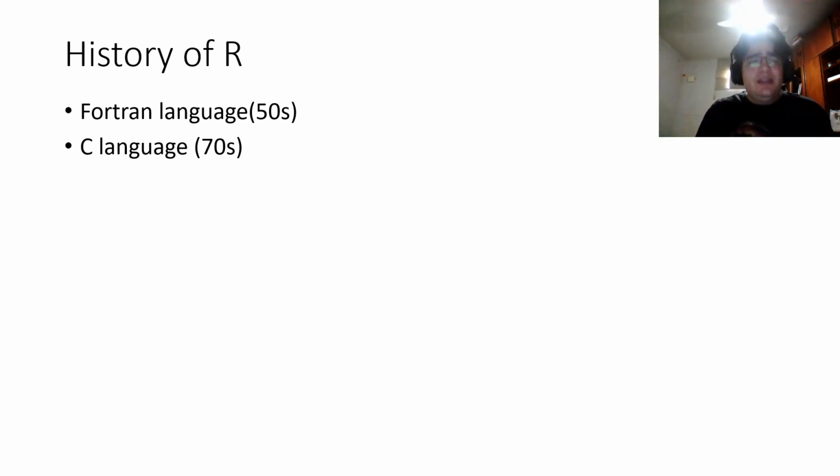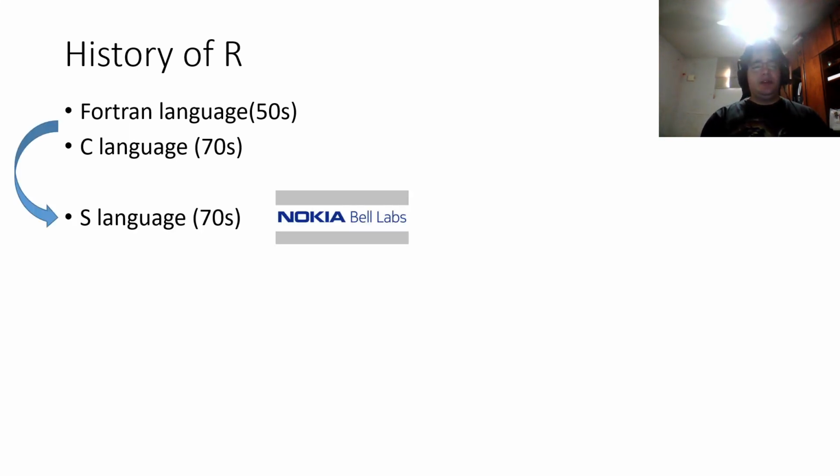Here's a brief history of R. First, in the 50s, some researchers created the language Fortran. A few years later, in the 70s, they created the C language, and Nokia Bell Labs created the S language first, using Fortran as a base language, and then they transformed it into the C language as the base programming language.